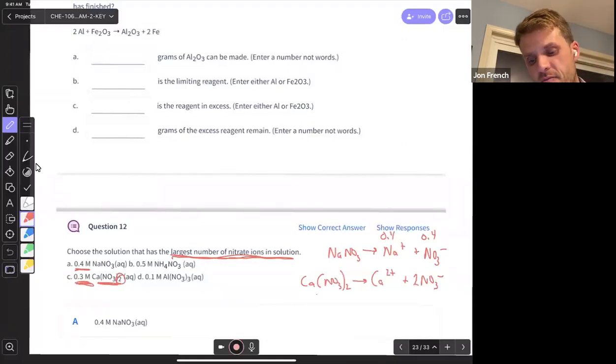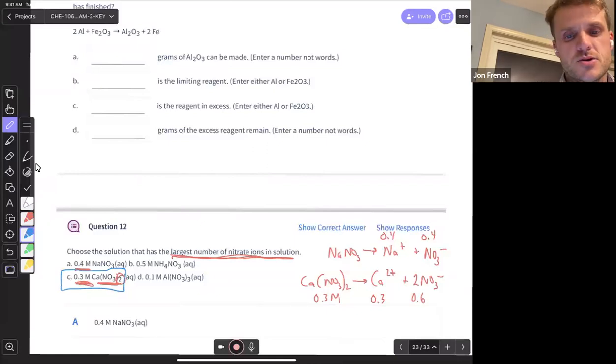So if I have 0.3 molar calcium nitrate, I'm going to have 0.3 molar calcium, but 0.6 molar nitrate. So that makes calcium nitrate, choice C, the highest concentration of nitrate in solution, because when it ionizes, it gives you twice the concentration of nitrate.